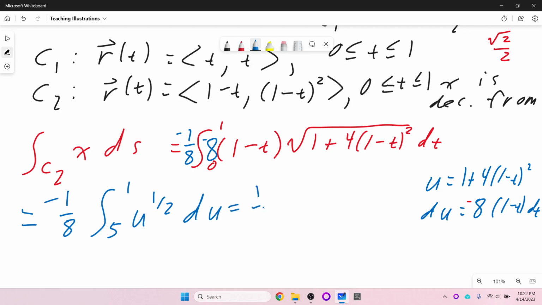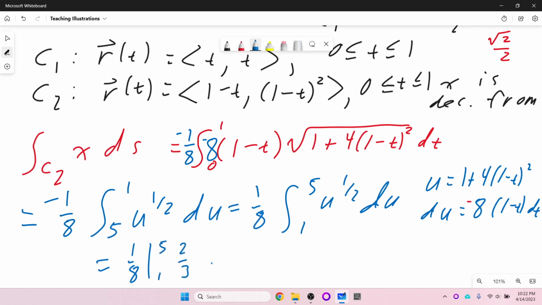Then you can flip the limits of integration to make it positive. It becomes 1/8 integral from 1 to 5 of 2/3 u to the 3/2, which then, 1/8 times 2/3 is 1 over 12. Then we'd have 5 to the 3/2 minus 1.